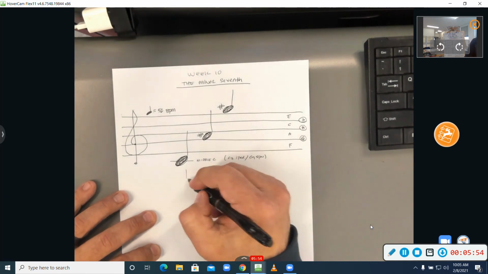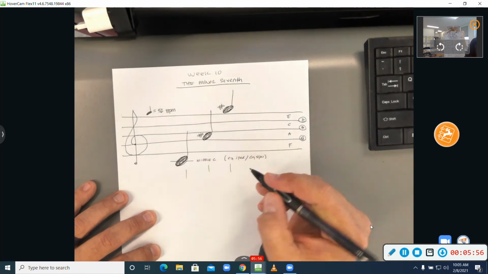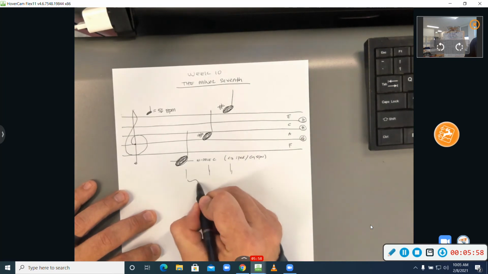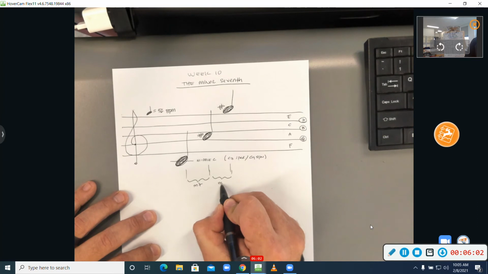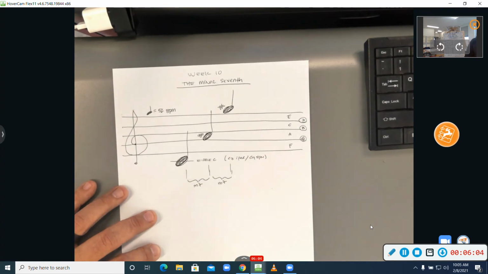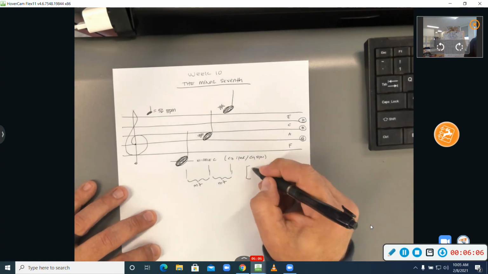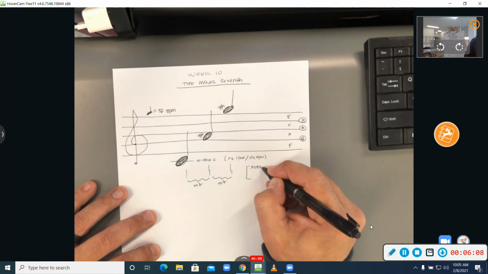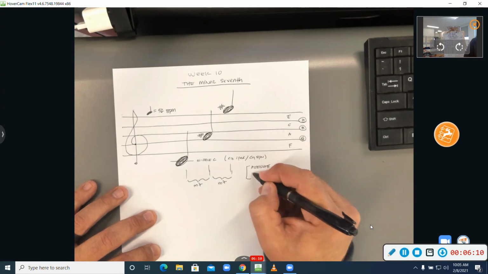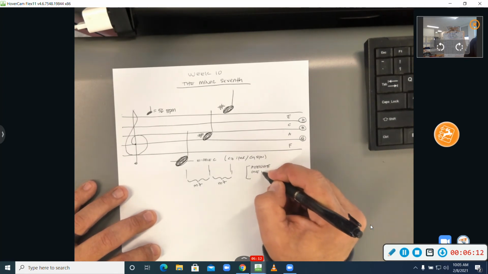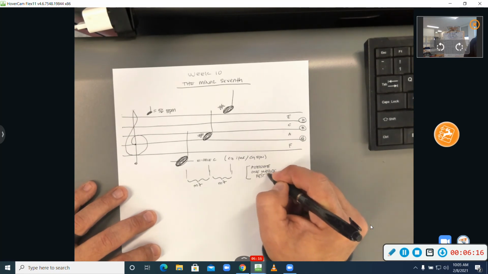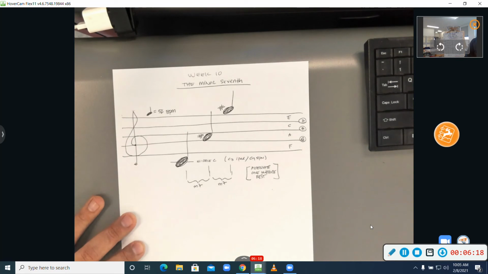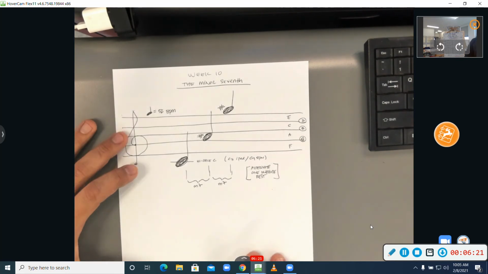The distance between these notes in each case, this interval is a minor seventh. This interval is a minor seventh. And in your performance this week, you are going to alternate 1 measure rest in both instruments that you perform.